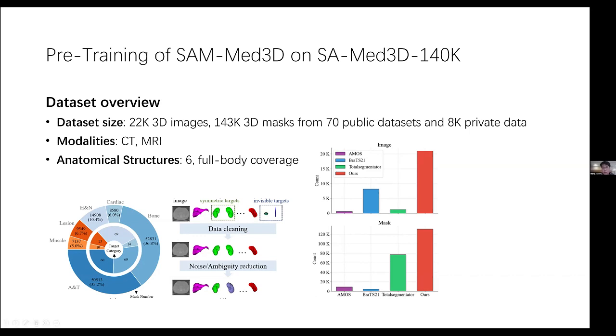Our dataset includes two modalities, CT and MRI, covering over 6 anatomic structures. The details are listed in the figure here. They are about some organs and lesions in the chest, in the abdominal areas, and some bone architecture.